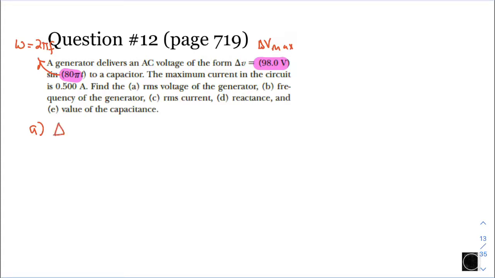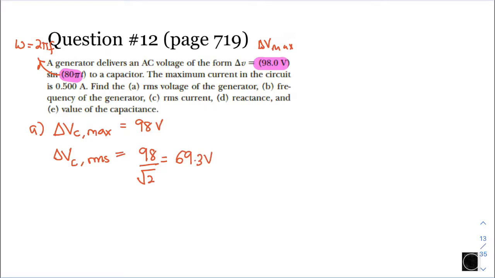Delta V across the capacitor in terms of maximum is 98 volt. Therefore, delta V across the capacitor in terms of RMS is equivalent to 98, the delta VC max just now, divided by square root 2, which is 69.3 volt.